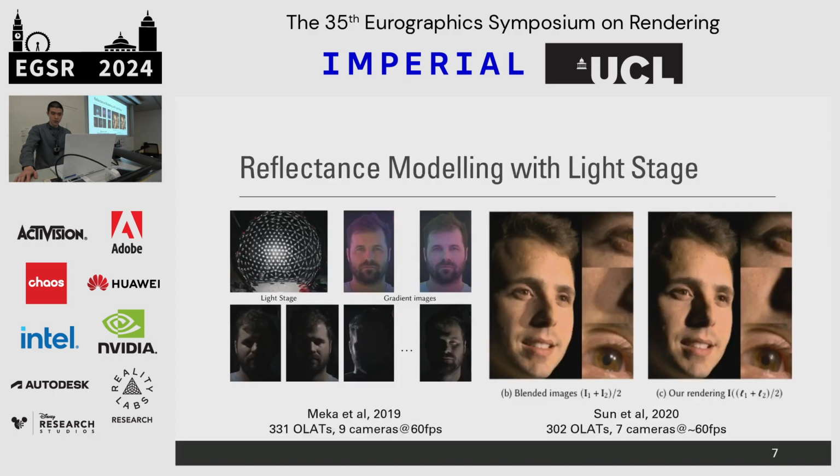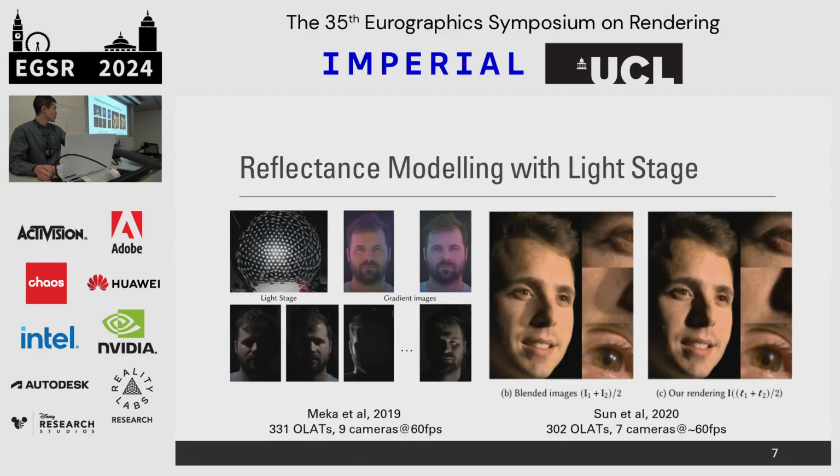So before we move on to our method, let's go through some related work on reflectance modeling. Meka et al. proposed a U-Net architecture to predict several OLAT images given two gradient images of the subject. And Sun et al. similarly use a deep neural architecture to interpolate OLAT images captured within a light stage.